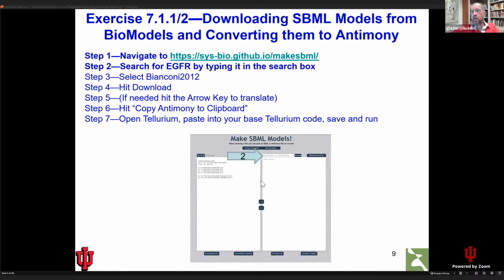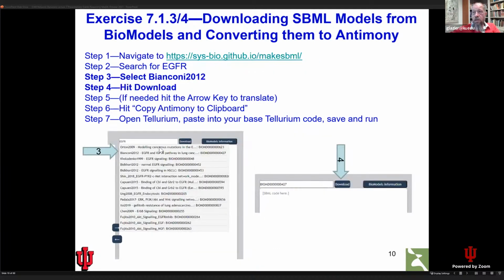So the first thing you're going to do is in this little search bar, type EGFR and hit return. Hit download here. So it should give you a list. So everybody got that? And you should see a long list of possible projects. The second one that I have when I pull it up is Bianconi 2012.